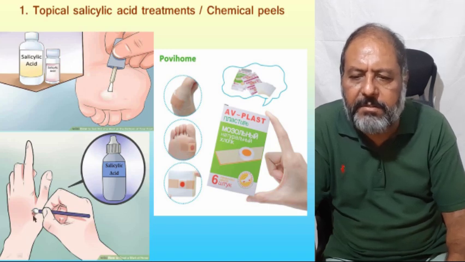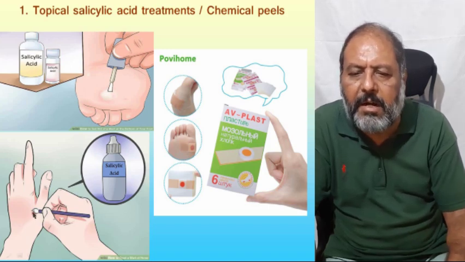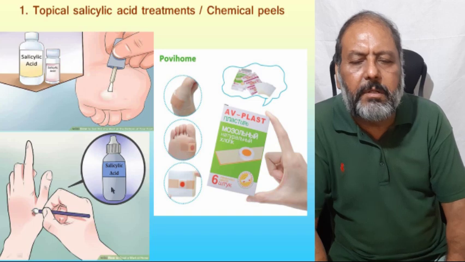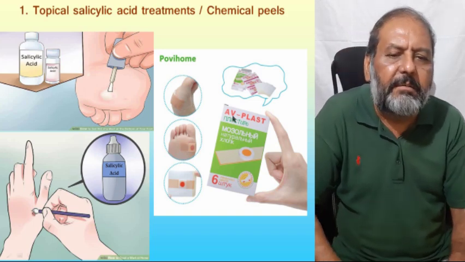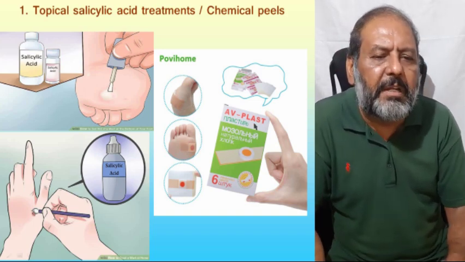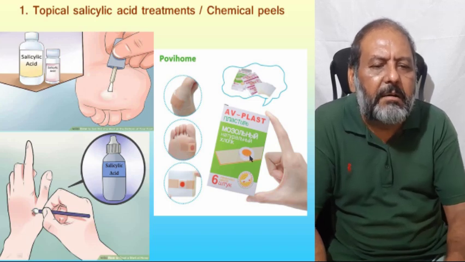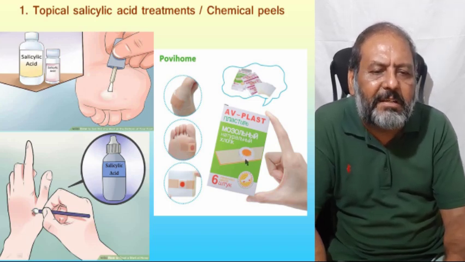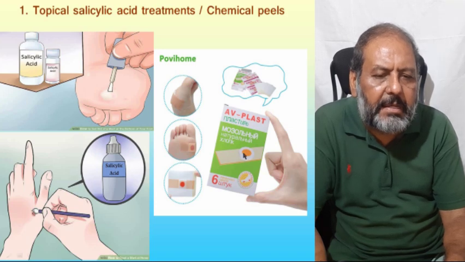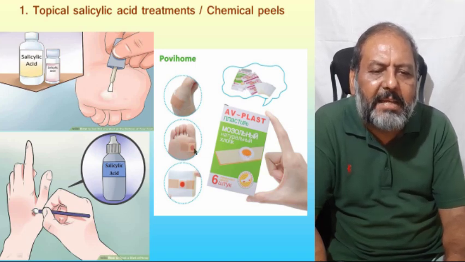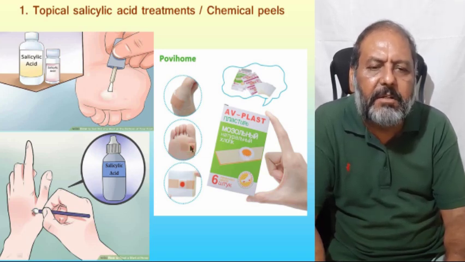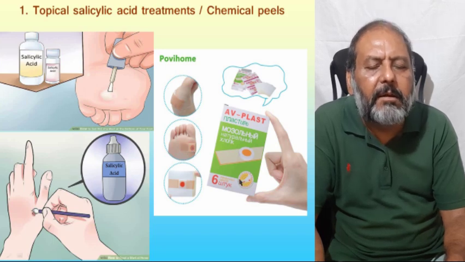Similarly, that is also the application on the wart of salicylic acid, and it is also available as a plaster, which contains a patch of salicylic acid in the center. Here one can apply this patch on the part which is affected, that is, on the wart.